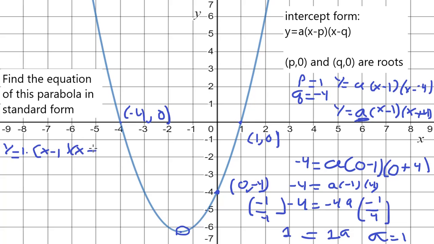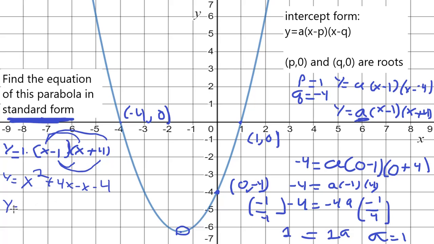Okay, all that's left is to convert our equation in intercept form into standard form, because that is our ultimate goal. To do that, all that's left to do is to distribute. So I'm going to multiply x with x, which is x squared, and then x with 4, which is plus 4x, and then negative 1 with x, which is minus x, and then minus 1 with 4, which is minus 4.